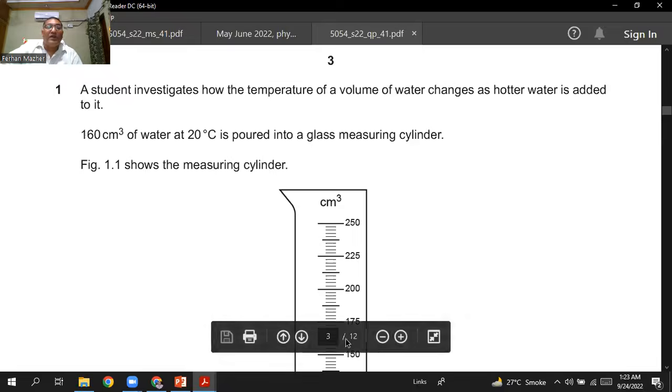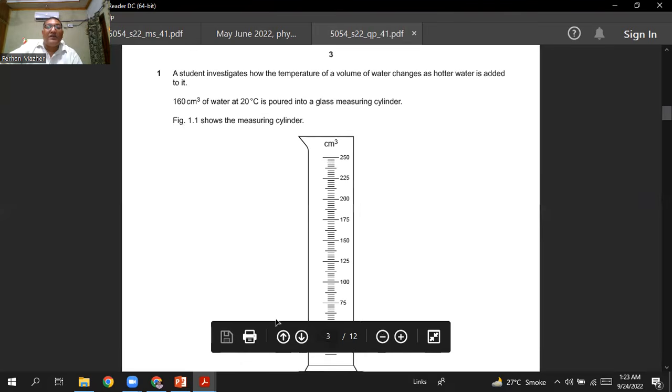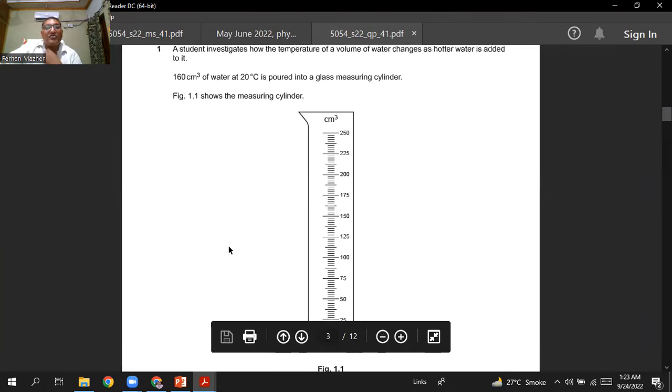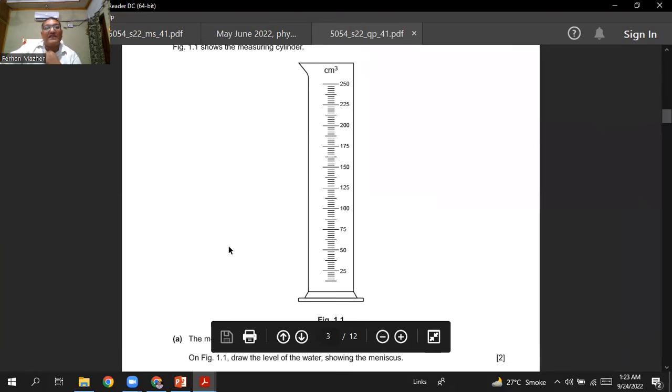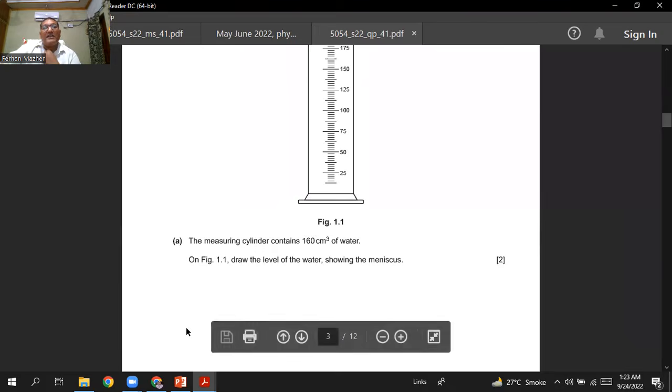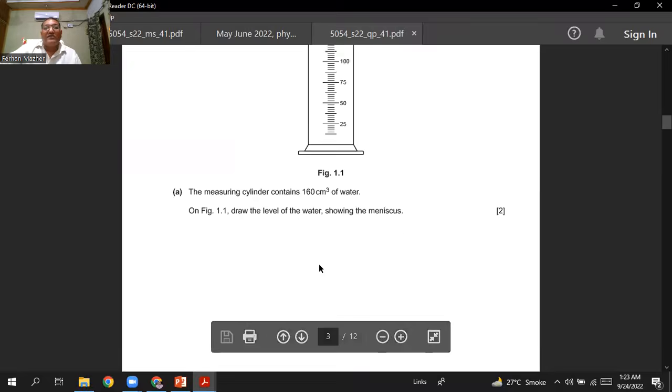Figure 1.1 shows the measuring cylinder. So this is the measuring cylinder, and the measuring cylinder contains 160 centimeter cube of water. On the figure 1.1, draw the level of the water showing the meniscus. It's a 2 marks question.